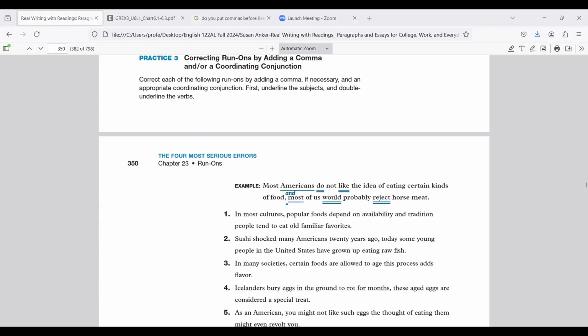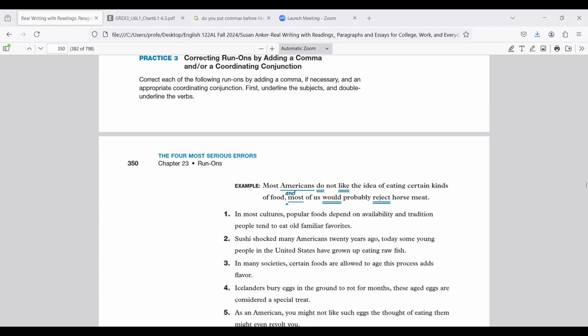I chose so because it's as a result, right? So means as a result. Yet is a contrast, or is a choice, but is a contrast, nor is a negative choice, and is addition, and for is also as a result. Usually goes in the beginning of the sentence.